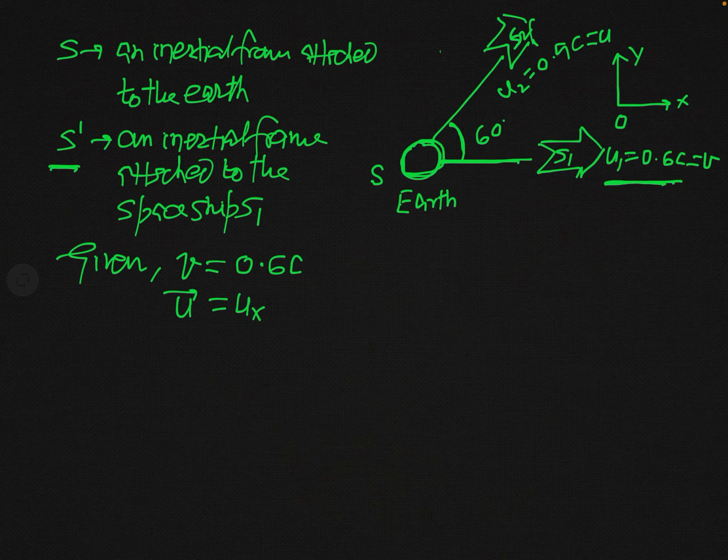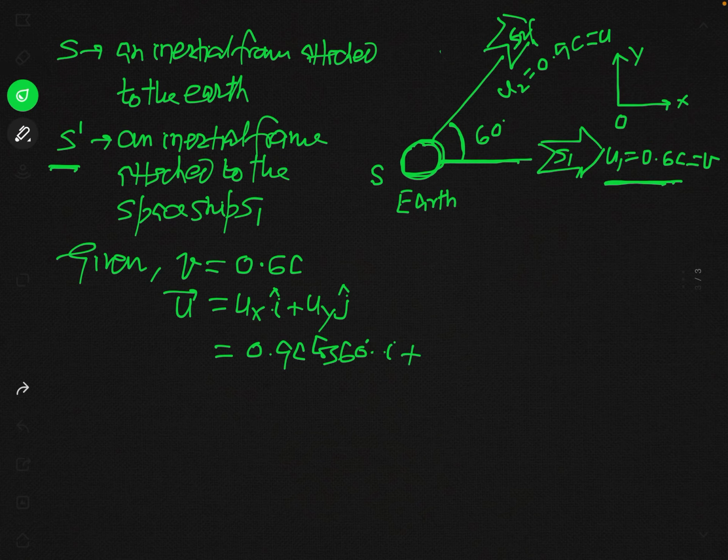This will be Ux i plus Uy j. And Ux, you can see from this figure, will be 0.9 c cos 60 degrees i, and plus its y component will be 0.9 c sin 60 degrees j.